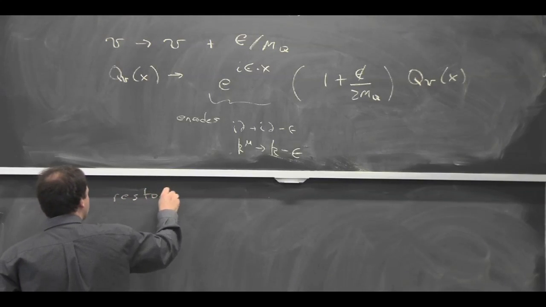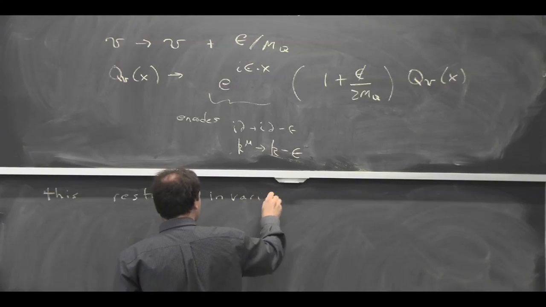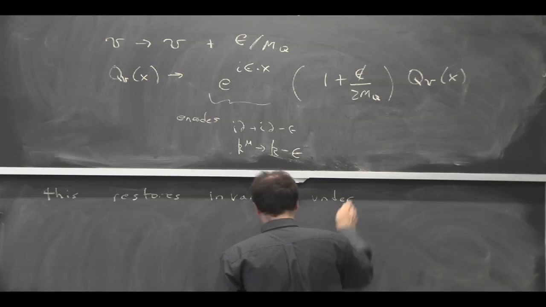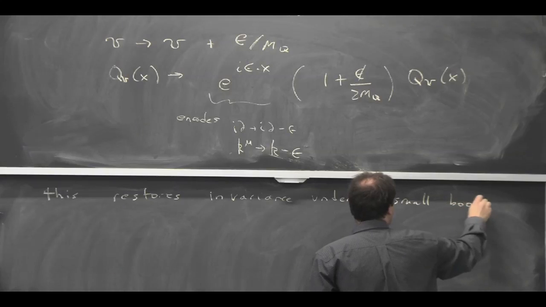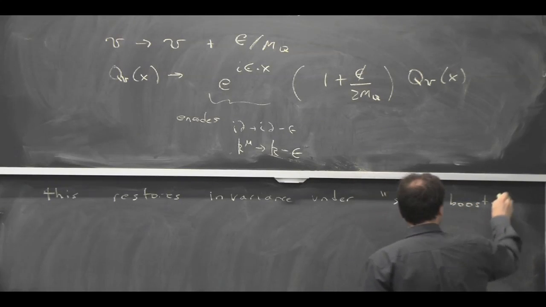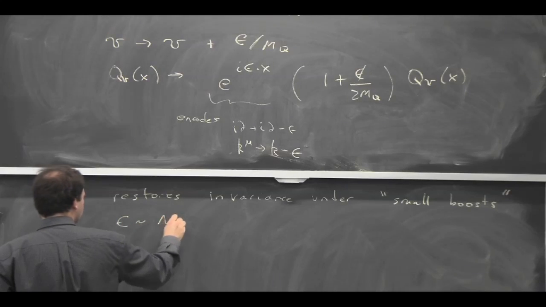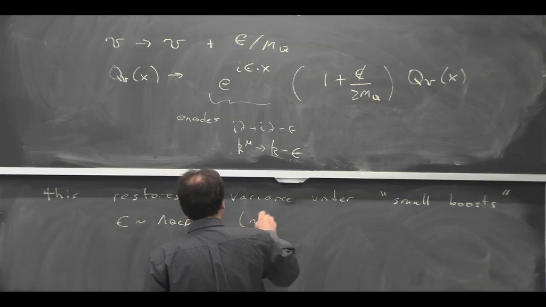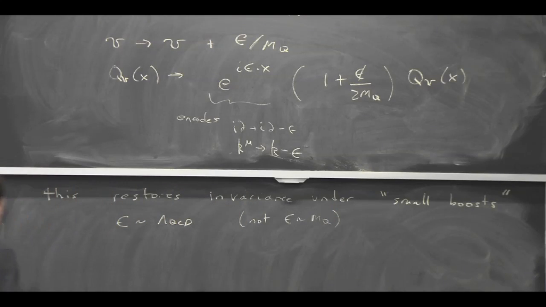So what does it do? What this does is it restores invariance under boosts, but only small boosts. The reason that I call them small boosts is because epsilon here had to be of order lambda QCD. It couldn't have been of order MQ. That's what I mean by small.